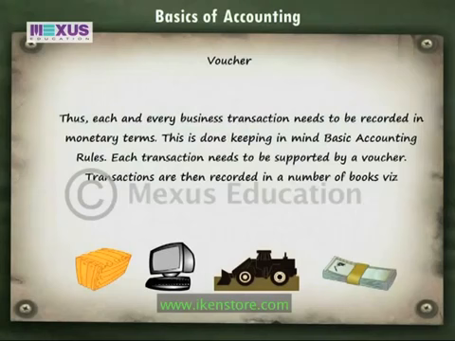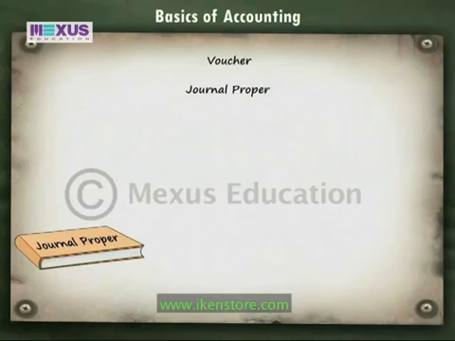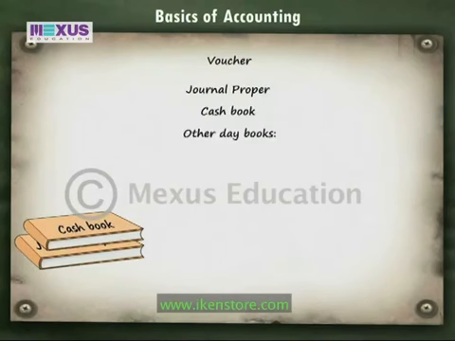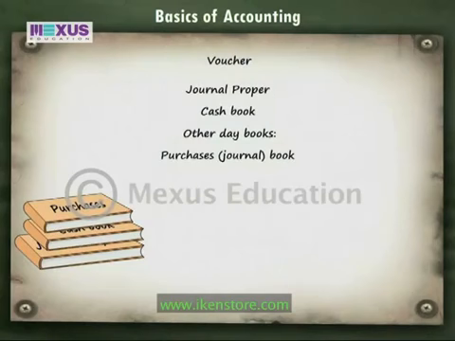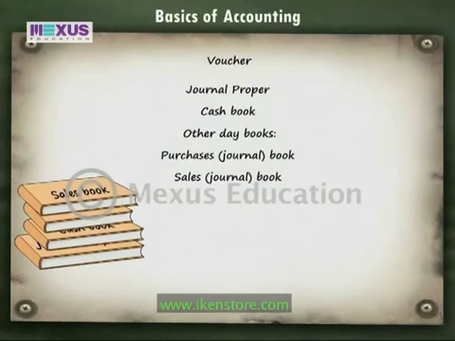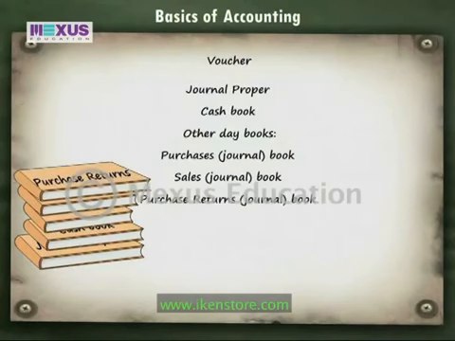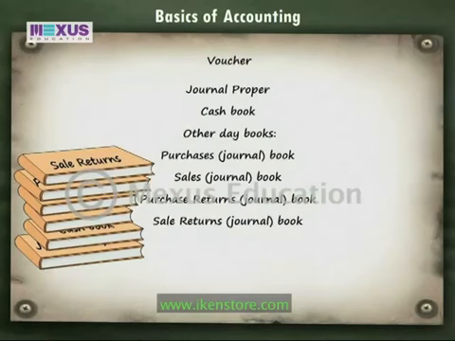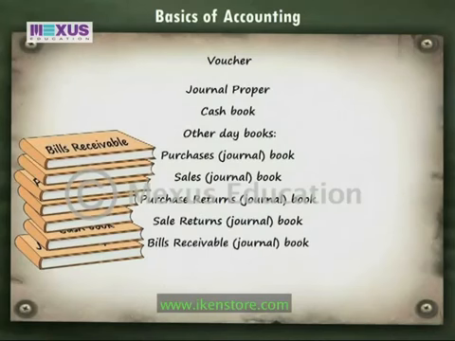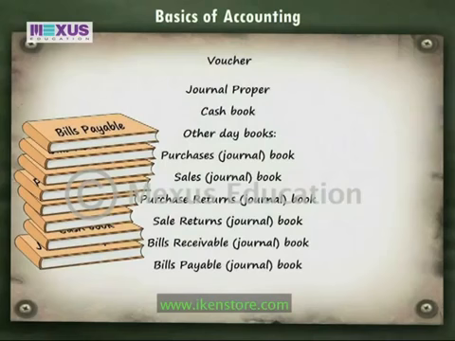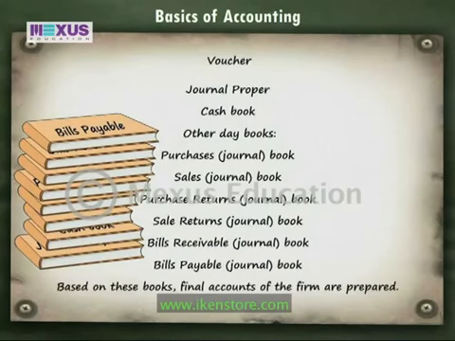Transactions are then recorded in a number of books, namely journal proper, cash book, other day books such as purchase book, sales book, purchase returns book, sale returns book, bills receivable book, bills payable book. Based on these books, final accounts of the firm are prepared.